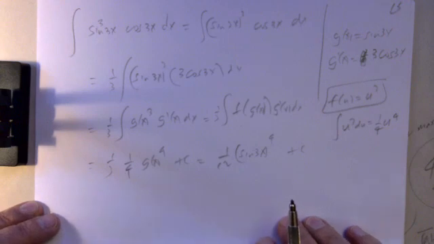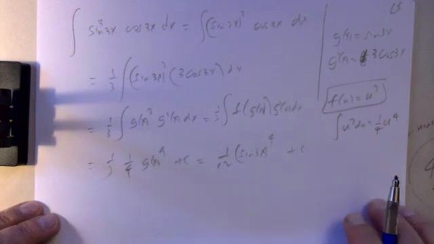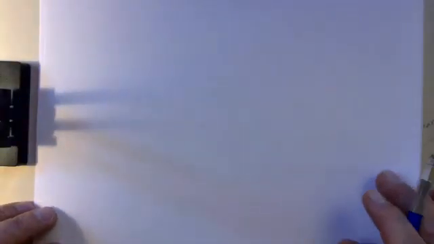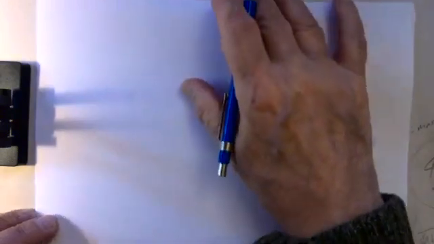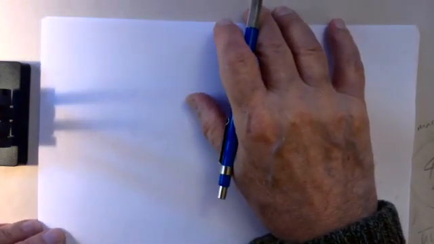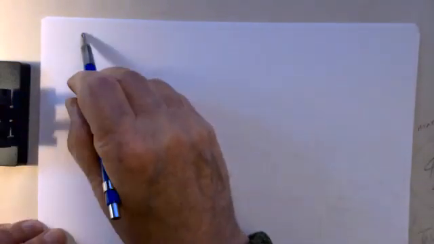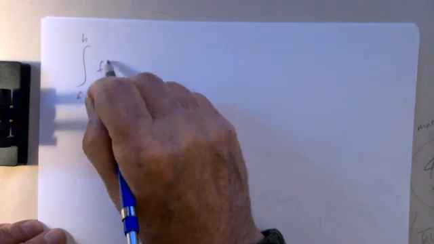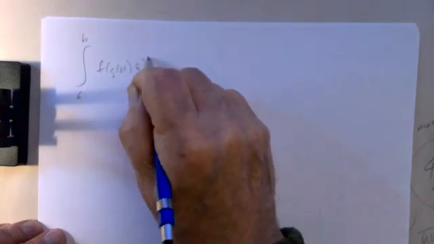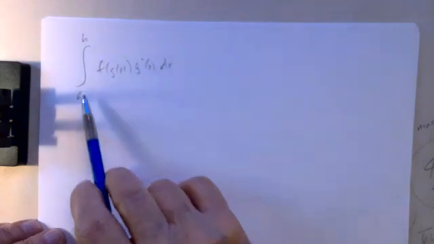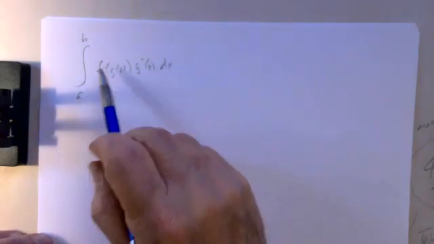Now, what's a little bit more subtle often is to compute a definite integral when you have to change variables or make a substitution. So if we have the integral from a to b of f of g of x, g prime of x dx. So this is now the definite integral from a to b.